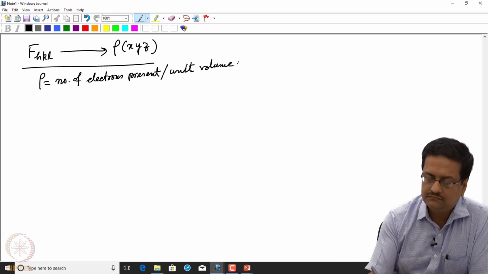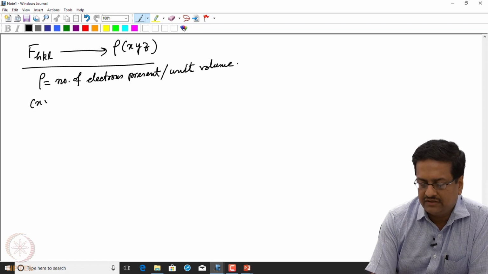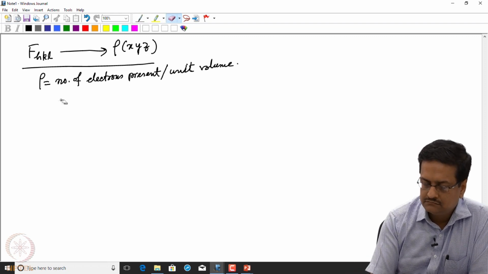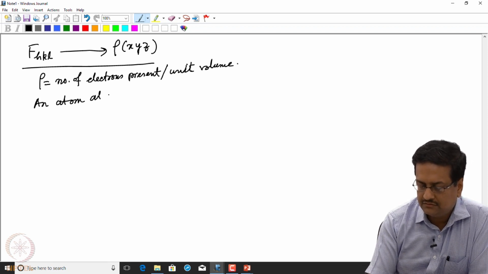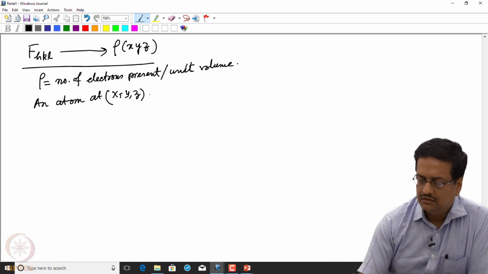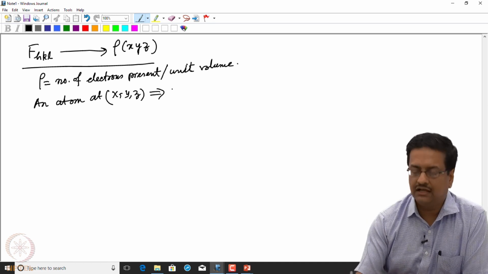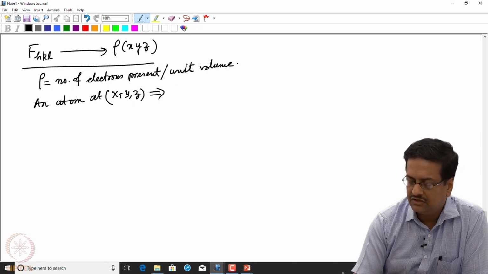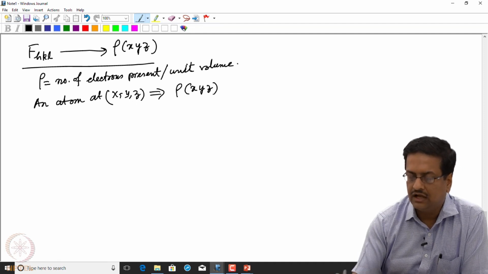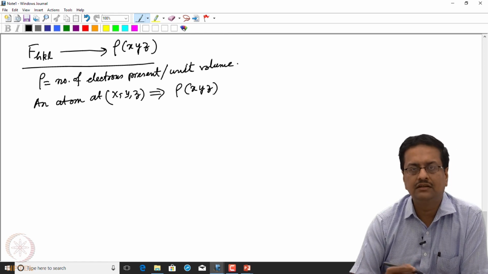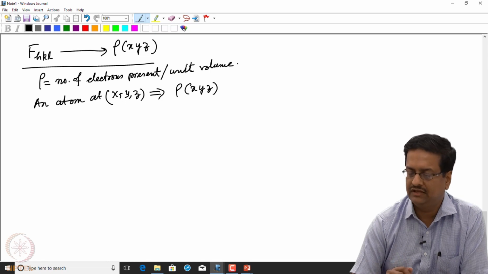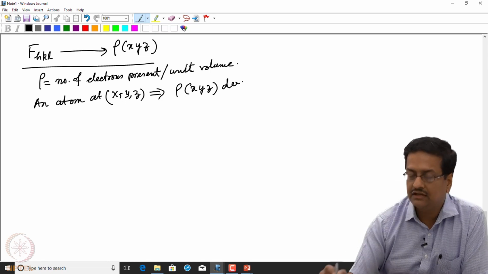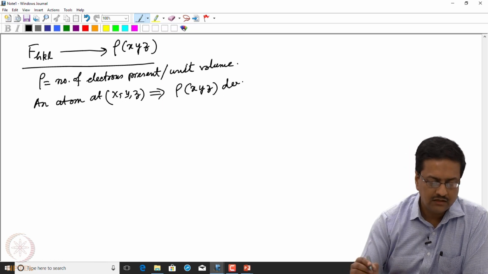Suppose we have an atom located at xyz. The electron density associated with that atom can be written as rho(xyz), and if the volume element involved to accommodate that atom at xyz is dV, the electron density associated with that atom is rho(xyz) dV.